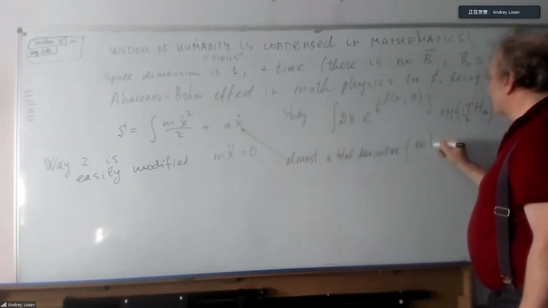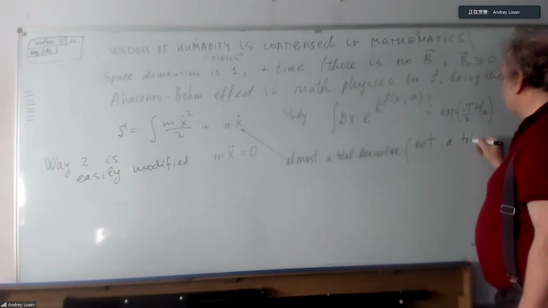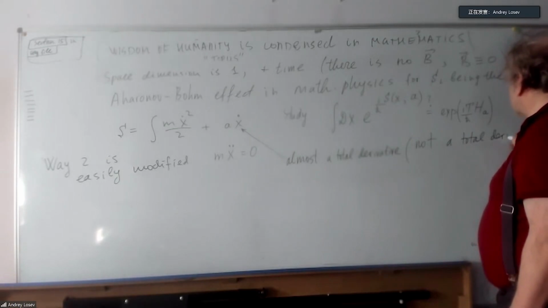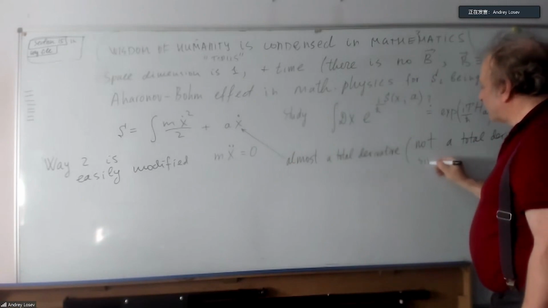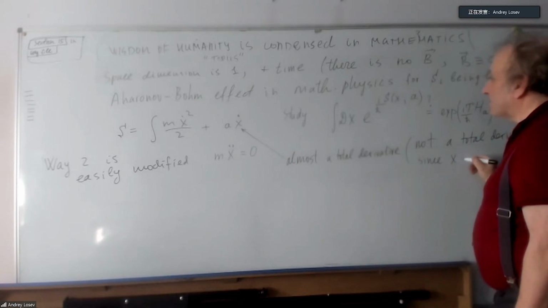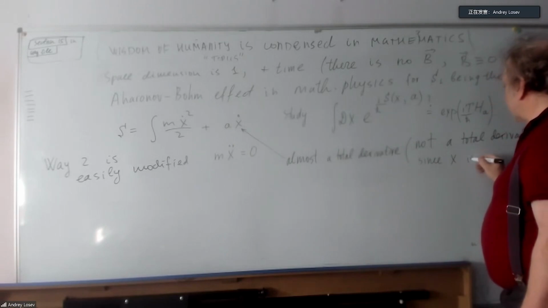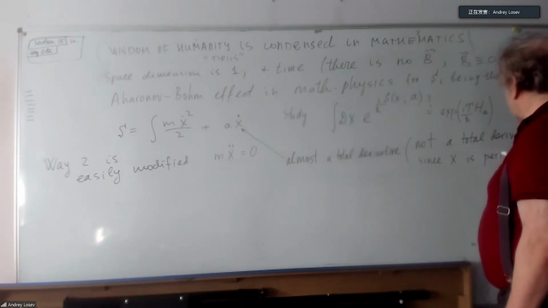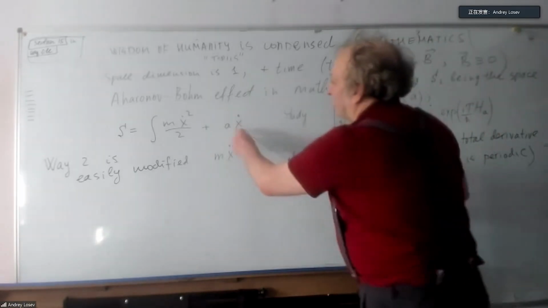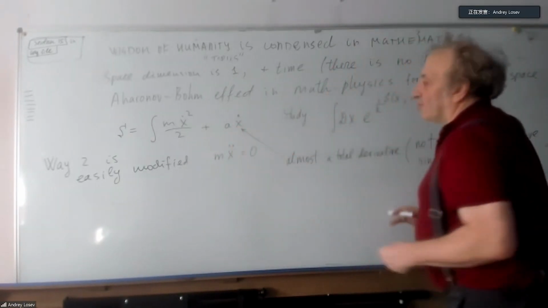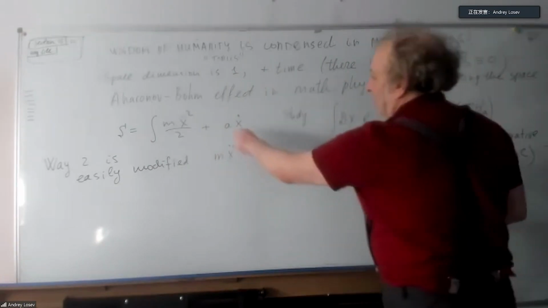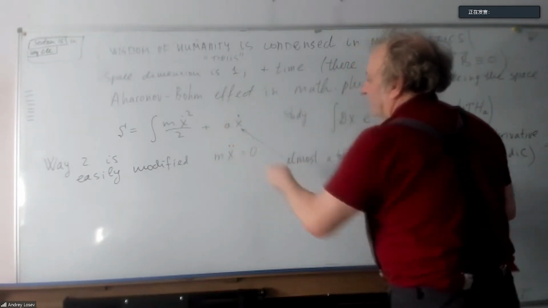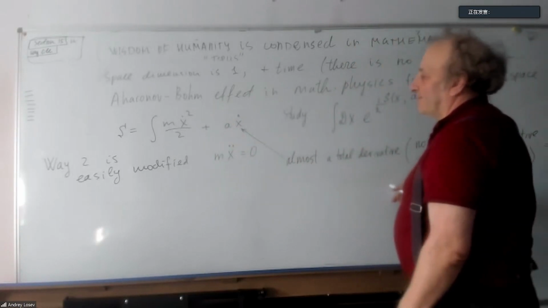It is not a total derivative since x is periodic. So would the target space be a line, we could just ignore this term. However, we cannot ignore this term completely.